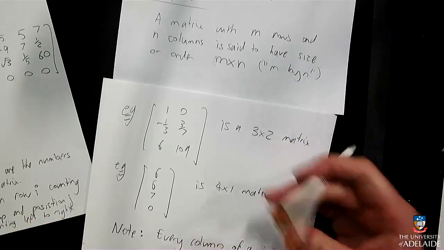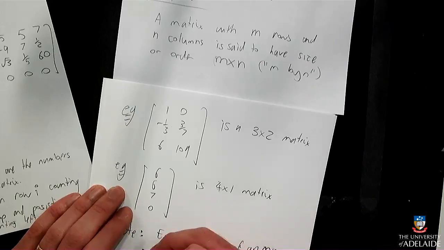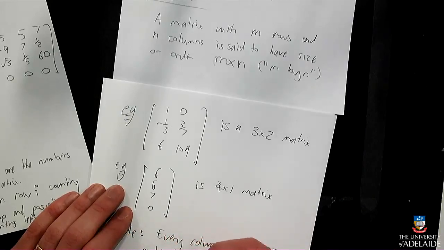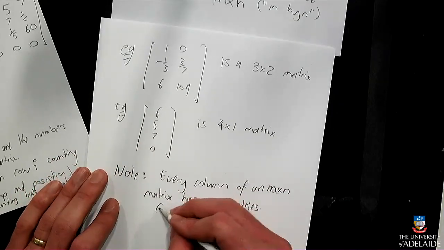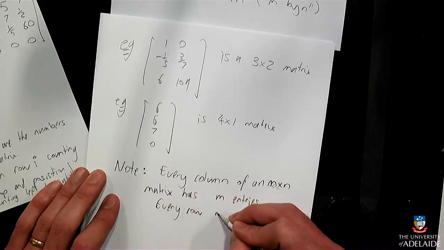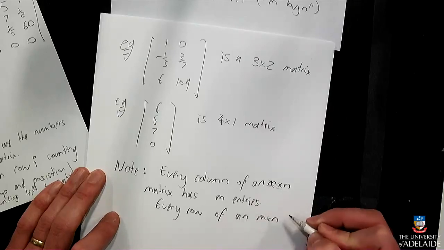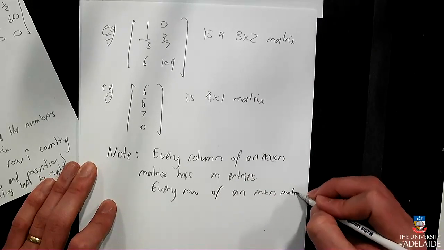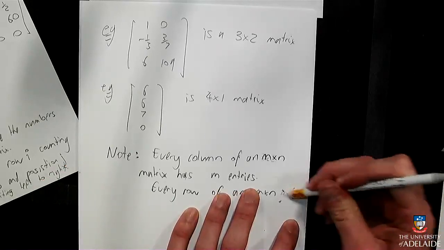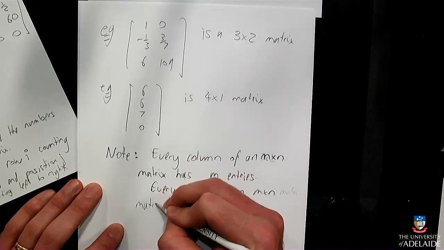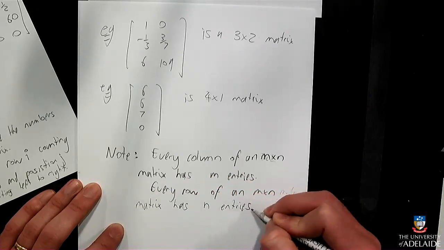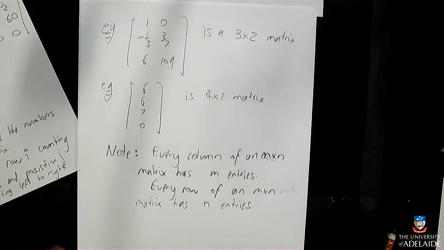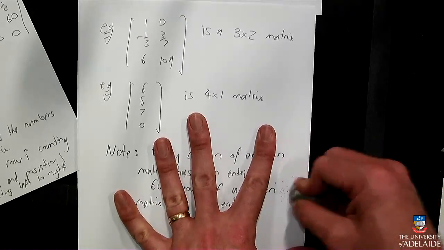Every column of an m by n matrix has m entries, and there are n columns in total, and every row of an m by n matrix has n entries. Not important really, but I just wanted to say it because it might be important at some point.